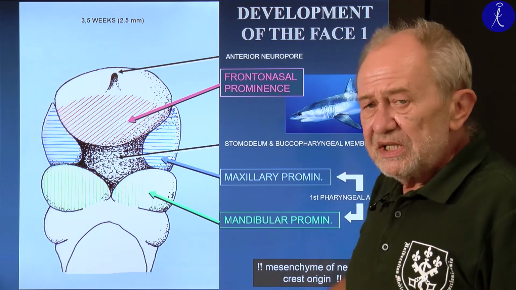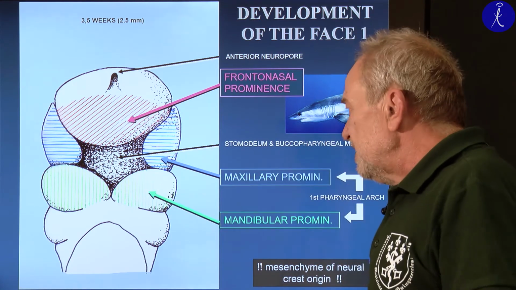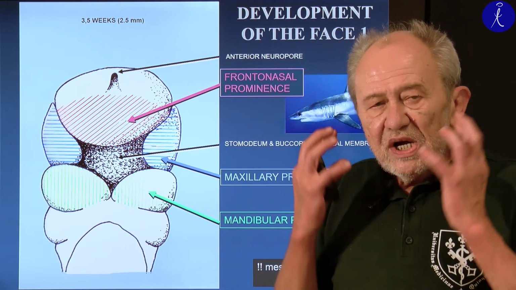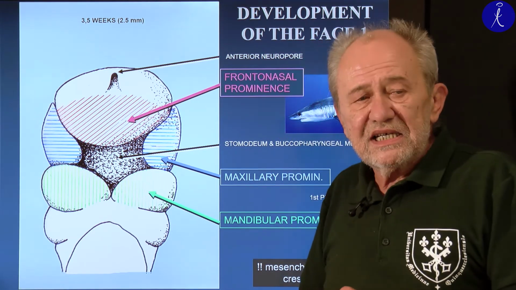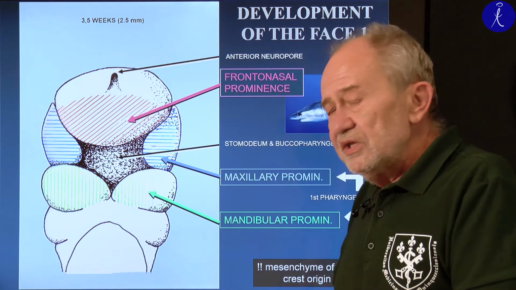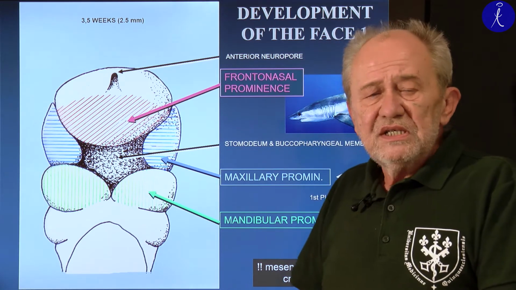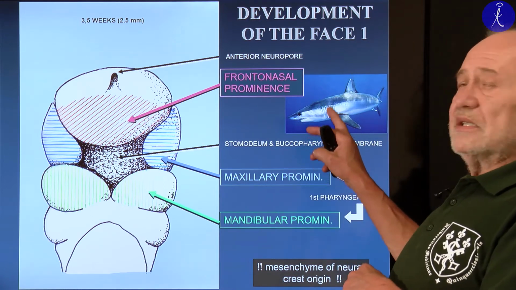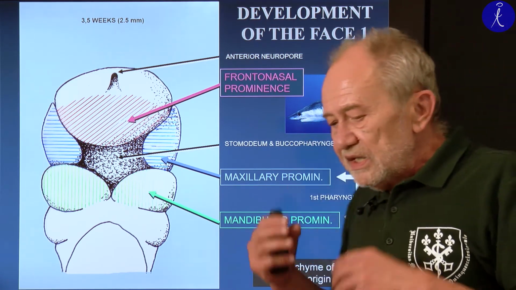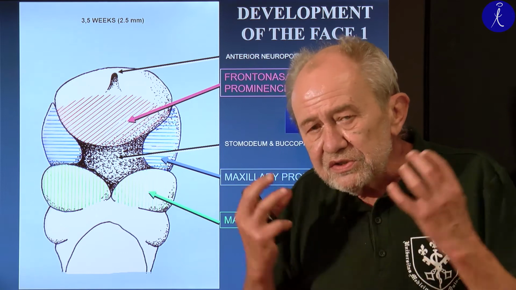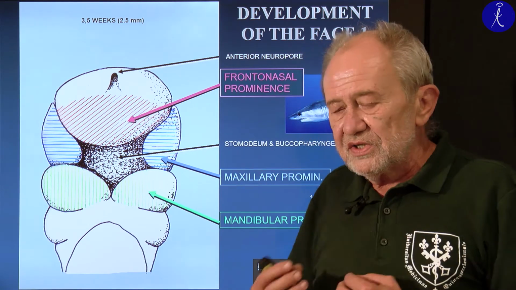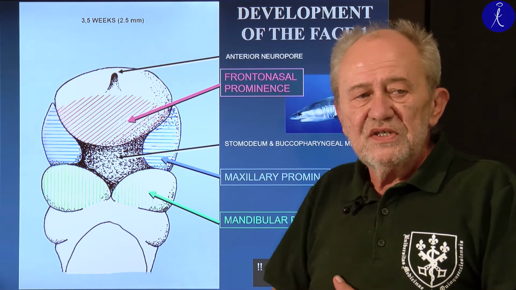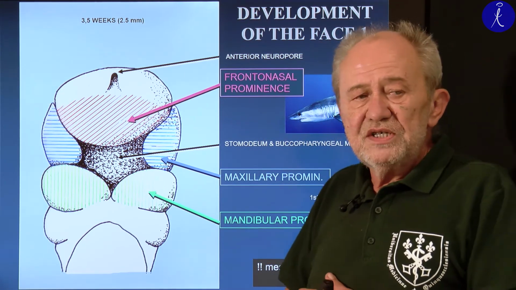The maxillary and mandibular prominences are the anterior split ends of swellings found on the neck region, face and neck region of the embryo in this early stage, resembling fairly well the gills of a shark, you can see here. So some curved semicircular elevations are found, 4, 6 in number, and these are the branchial arches or pharyngeal arches.